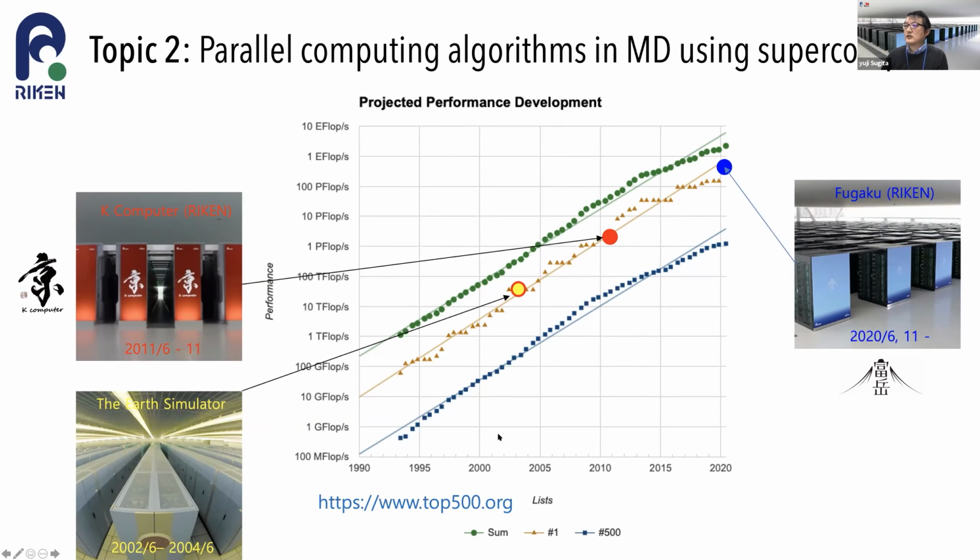This is the TOP500 list shown last year. The yellow line shows the performance increase of the top supercomputers, and this blue line is, I think, probably the 500th.